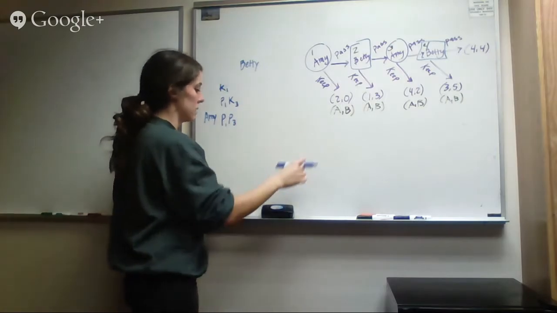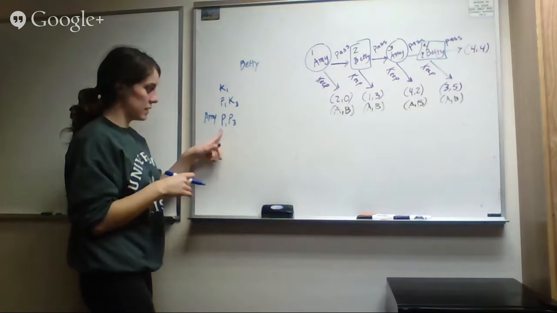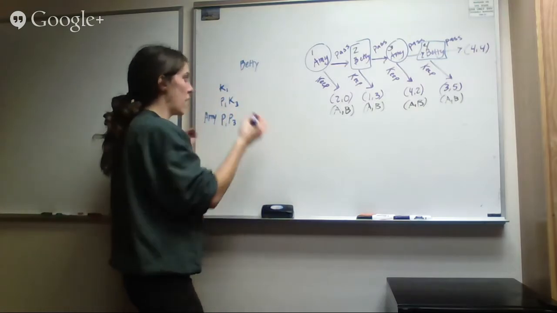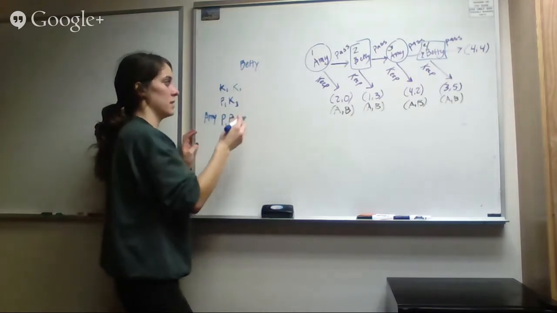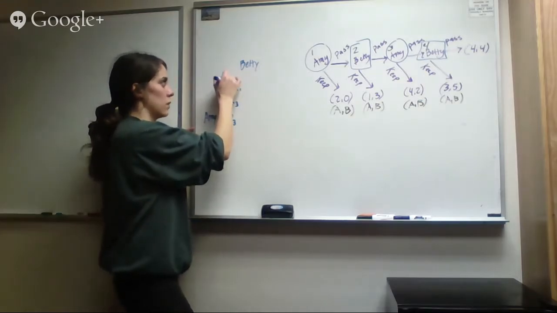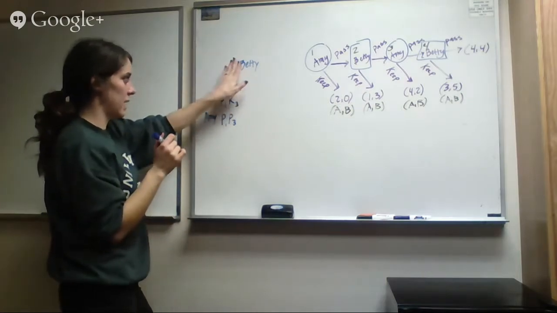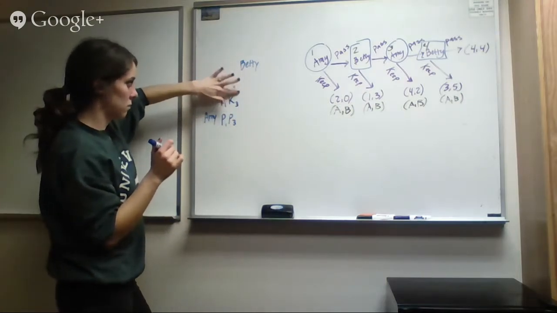Betty, on the other hand, so this represents all the decisions that could be made. So she could either keep and then the game ends, which is why there's no keep option, and there's also no keep pass option, because once the keep is decided, none of those ever exist anymore.